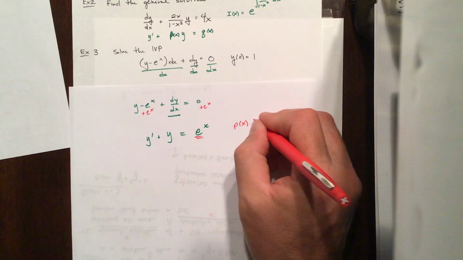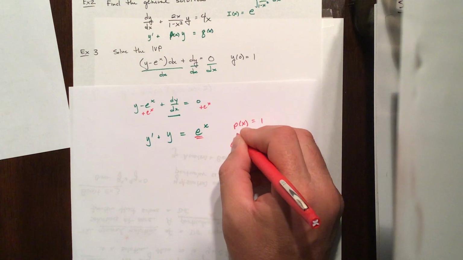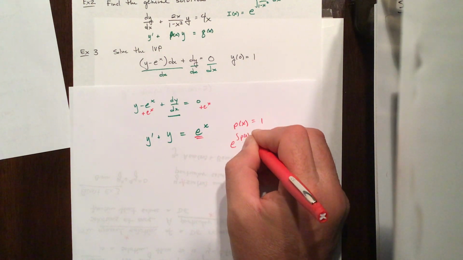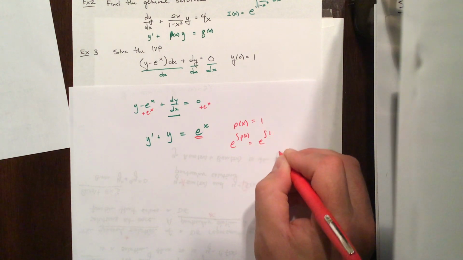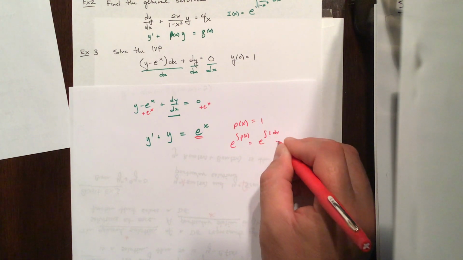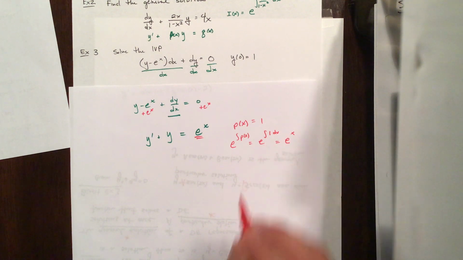My p of x is the function 1. So e raised to the integral of p of x is equal to e to the integral of 1 dx, which is e to the x. So that's my integrating factor.